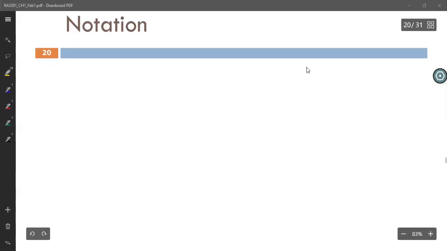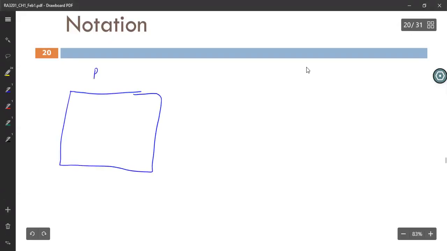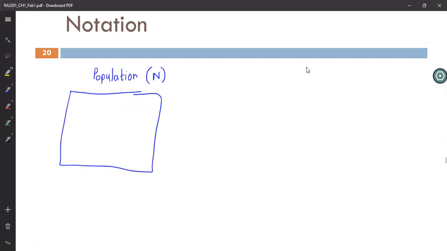So usually, let's say this is our population, the bigger part. The population size we denote with capital N. Whatever measurements you can do with the population, for example the mean or the average, the notation is mu, the Greek letter mu.